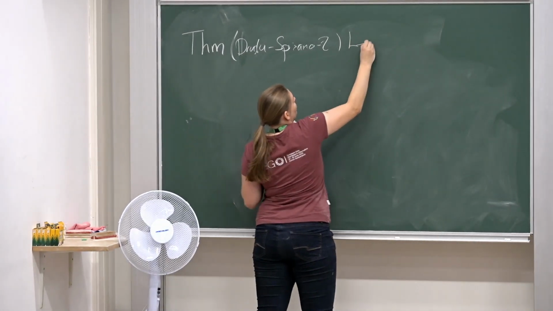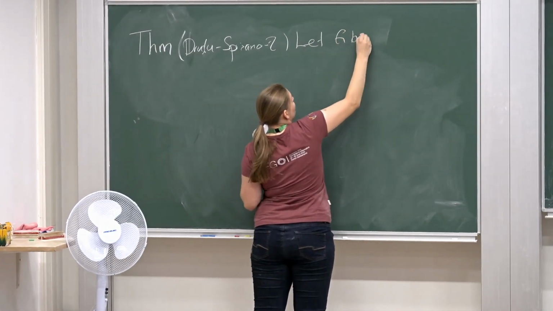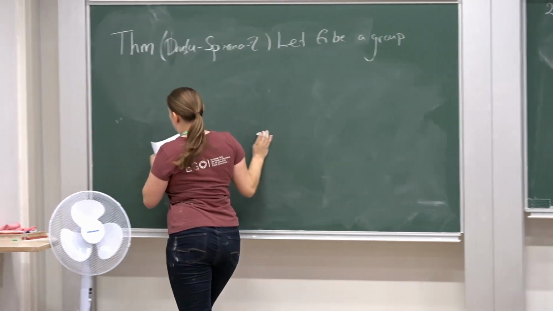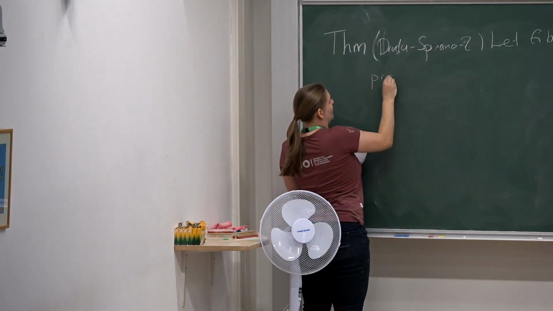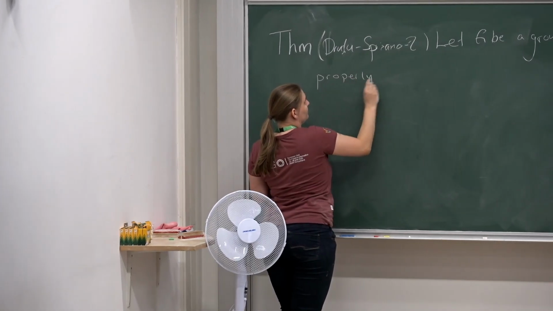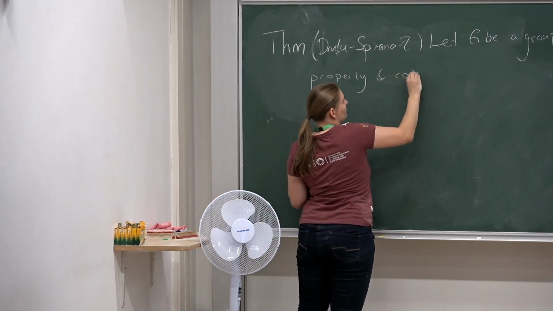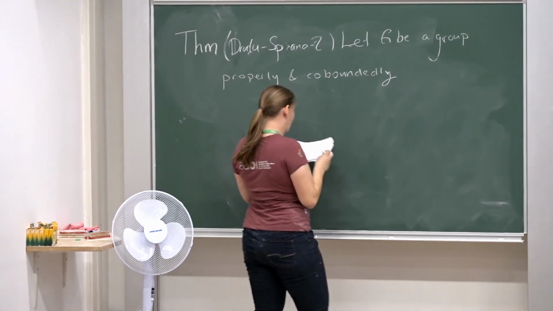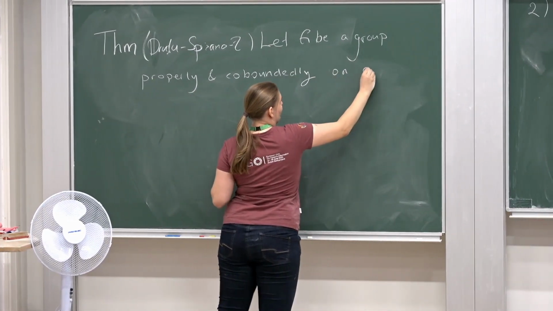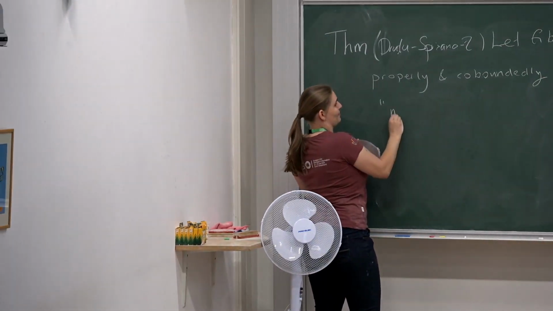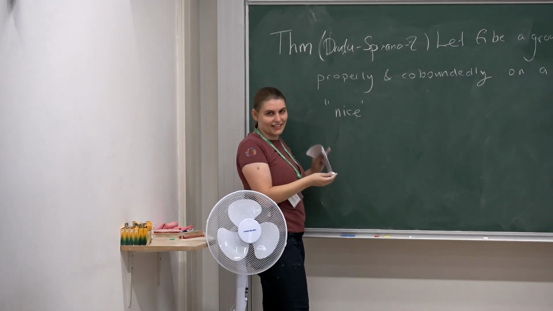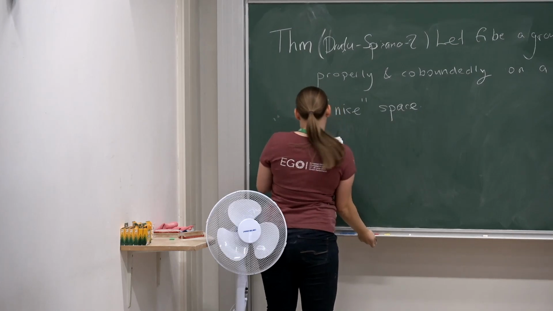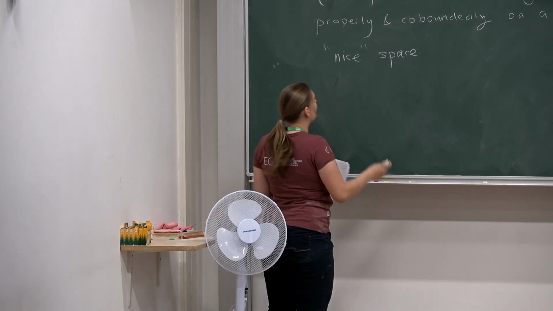If we have a group G that acts nicely enough, that is properly and co-boundedly, on a nice space, then we have the following dichotomy.